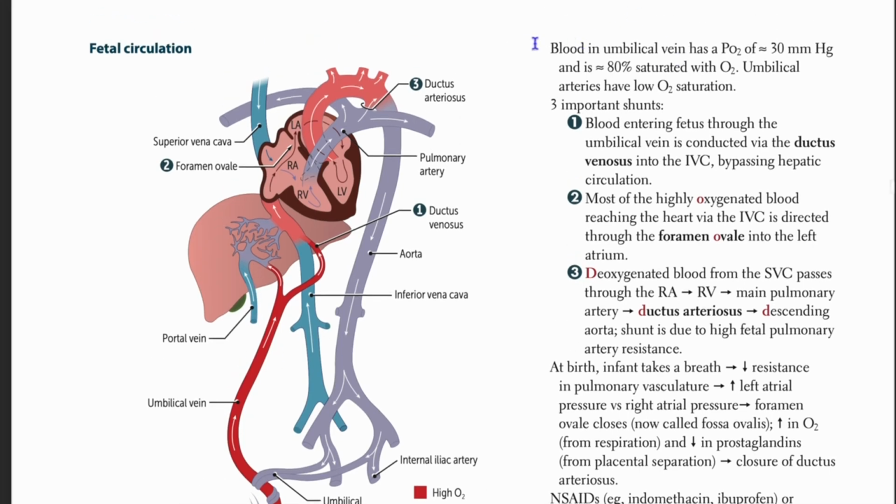So let's read this. Blood in the umbilical vein has a PO2 of approximately 30 mmHg and is approximately 80% saturated with O2. Umbilical arteries have low O2 saturation. This is why mothers during pregnancy have increased blood volume, hypertension, increased GFR, and all that stuff: to reach this.